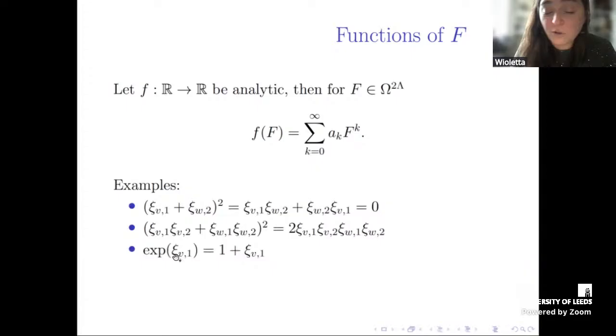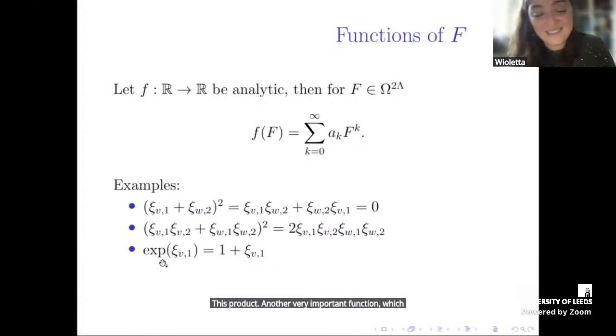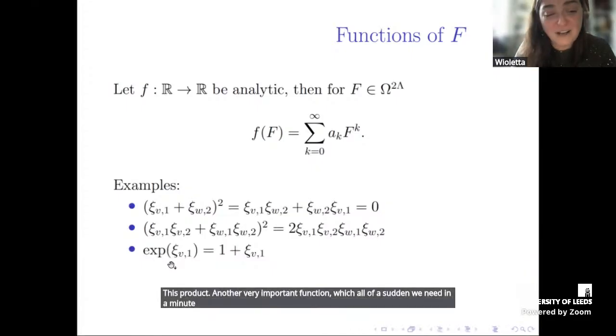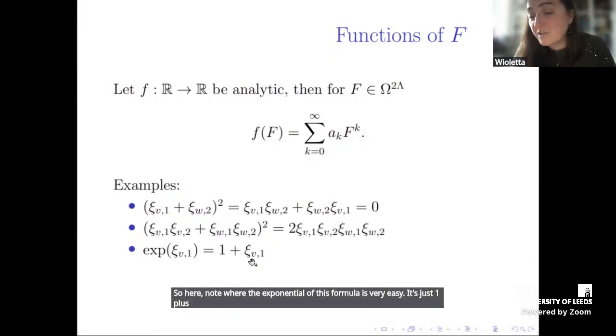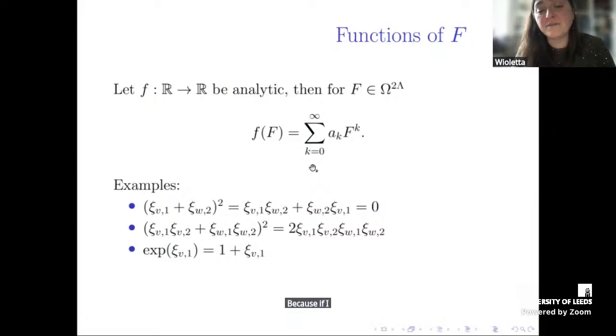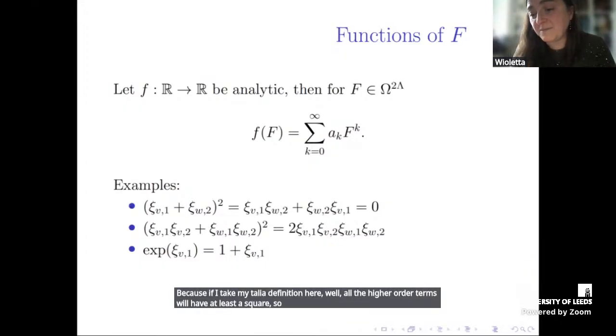And another very important function, which Alessandra will need in a minute, is the exponential function. The exponential of this fermion is very easy. It's just 1 plus the first linear term, because if I take my Taylor definition here, all the higher order terms will have at least a square, so they will be killed.